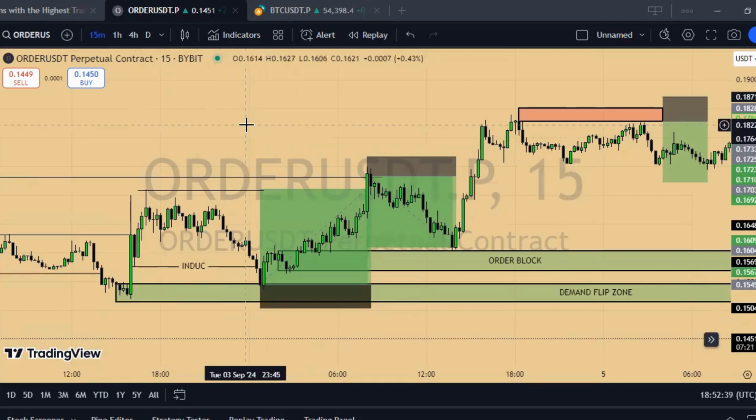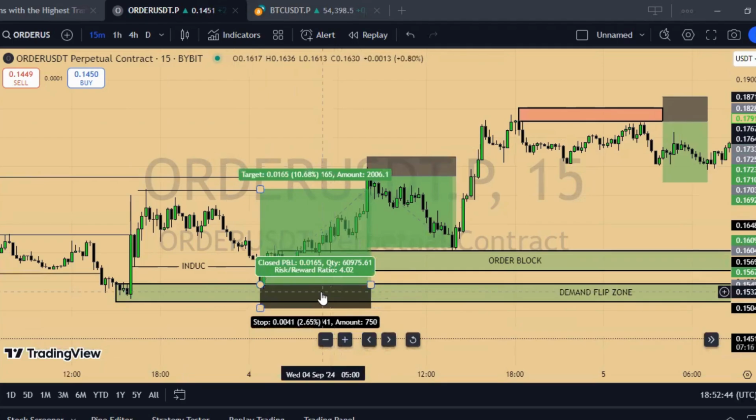If you check, this stop loss is 41 pips. This is where you apply your risk money management. If you're using, let me say, $100 to enter this trade, I'm willing to risk 25% of $100.